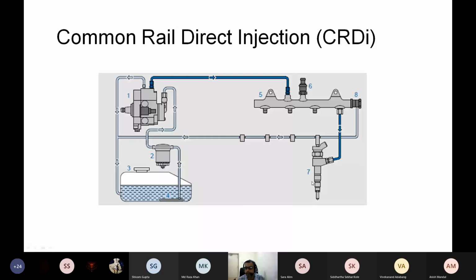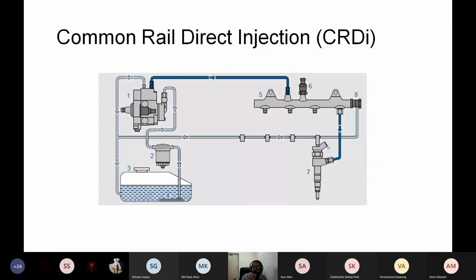Now when we have to inject, that is the SOI, start of injection, obviously the ECU is going to control it. Let us suppose we want fuel injection to take place at around 10 degrees before top dead center.